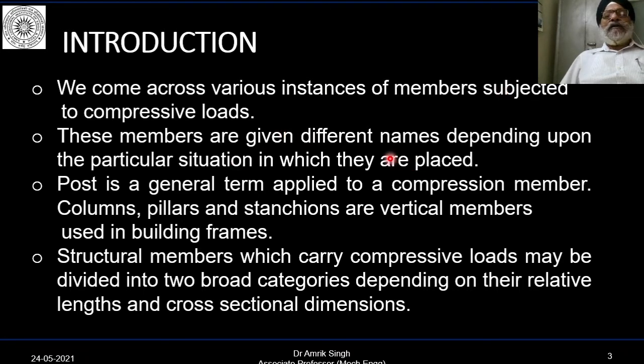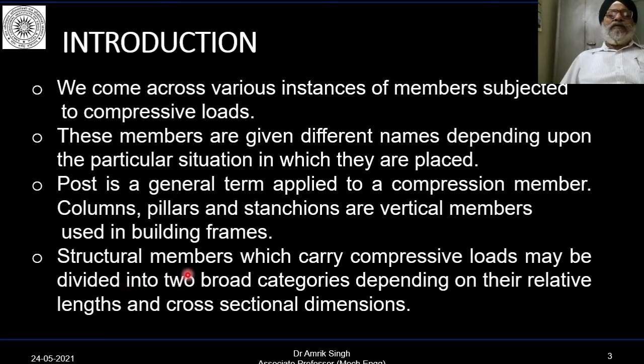These members are given different names under different situations, like stanchion, pillar. The post is also a term used to define a compression member. So the common names are column, pillar, stanchion. All these terms are used for the vertical members in structural buildings.